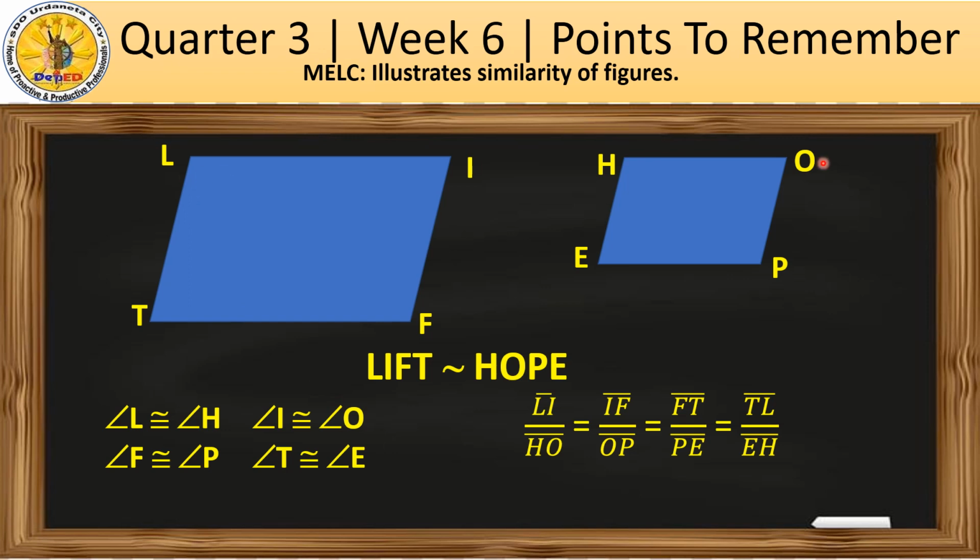So each corresponding angle should have the same measure. And then the corresponding sides of the parallelogram are also in proportion. So meaning if you get the ratio between the measures of the corresponding segments, like LI over HO, IF over OP, PE over FT, and TL over EH, you should be getting the same number or the same value for your ratio.